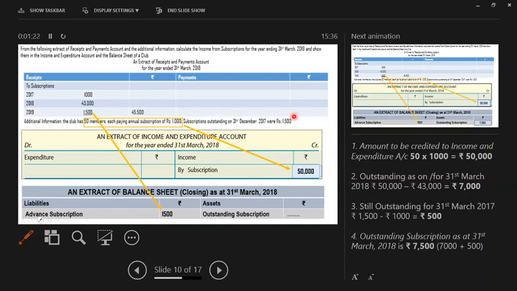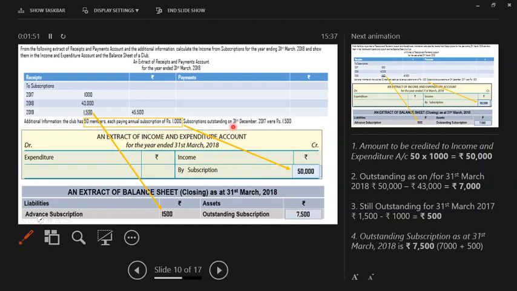That shows that 1500 minus 1000 is still outstanding. This is the amount which is still outstanding, which is 500. So last year's amount 500 plus this year amount 7,000 makes it 7,500, which you are going to show in your balance sheet.